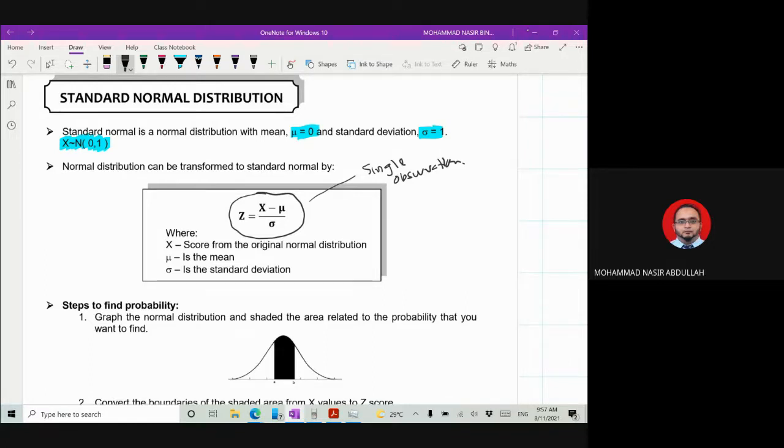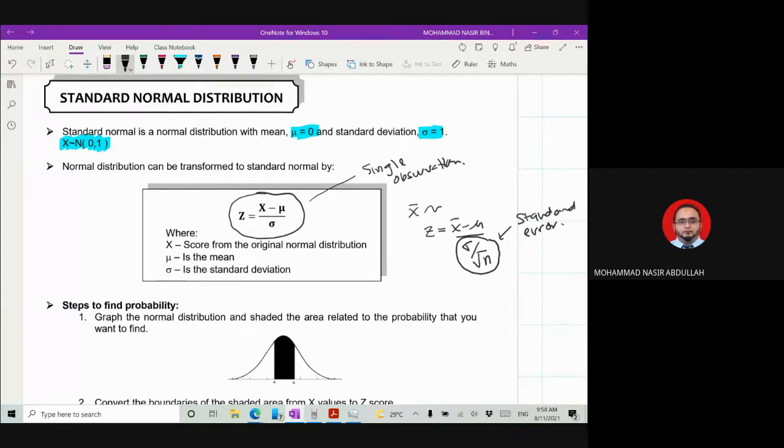When we have a sample distribution, the mean of a sample, let's say X bar, then Z will be X bar minus mu divided by sigma over square root of n, where sigma over square root of n is called the standard error.